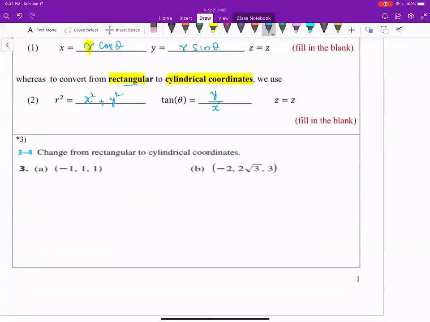We'll see one problem here, problem number 3, part B. Change from rectangular to cylindrical coordinates. What is given in the problem is x, y, z, and we are going to change to r, theta, z.